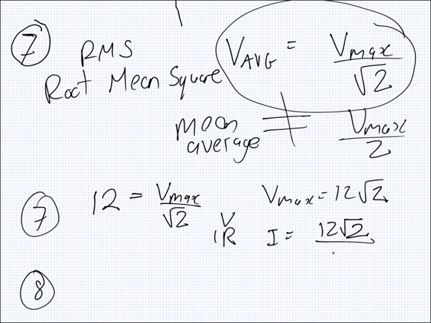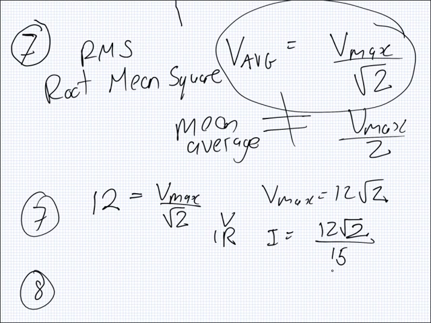They want the peak current in which resistor? The 15. And do we know the voltage is the same as the supply if they're in parallel? Parallel resistors have the same voltage, don't they? Is the voltage 12 root 2?